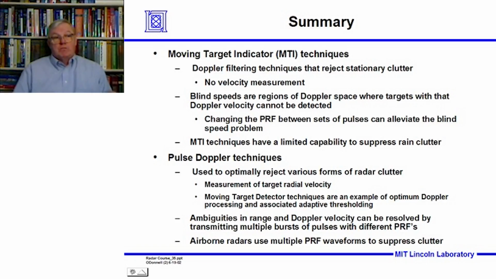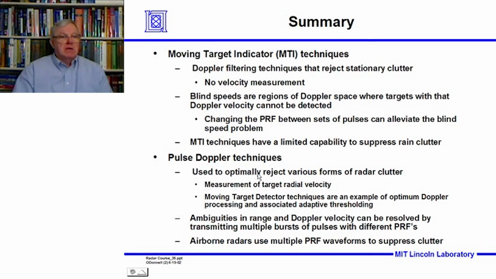And you can change the PRF between sets of pulses to alleviate the blind speed problem, staggering the PRF. And MTI techniques have a limited capability to suppress rain. I didn't go over that earlier, and that's because rain moves with the wind. So just having a notch at 0 Doppler, got problems there, okay?